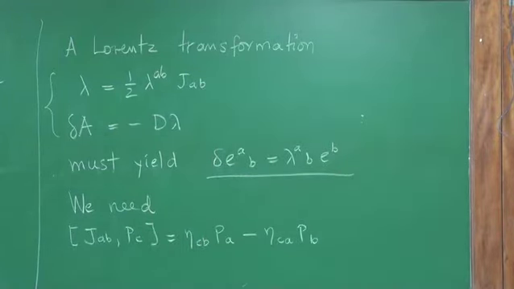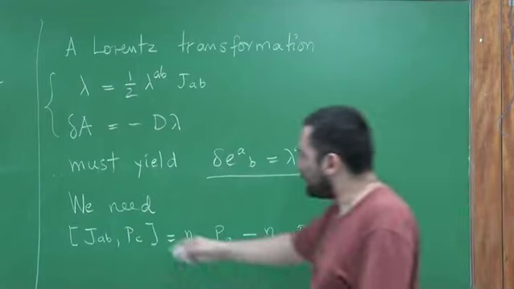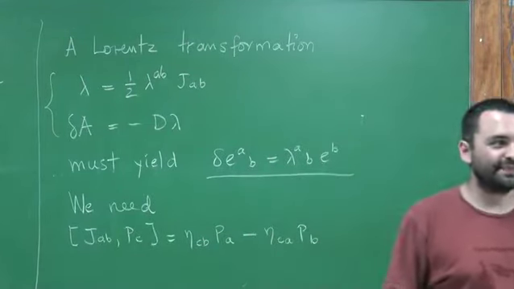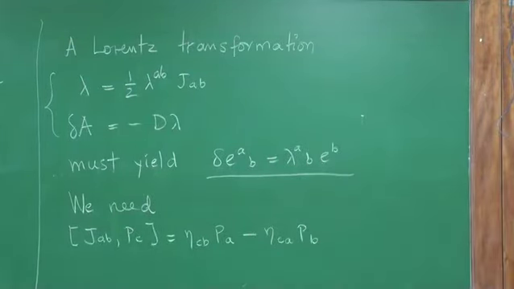So we need that this generator P is a Lorentz vector. And if it is, then we can guarantee that this will work.